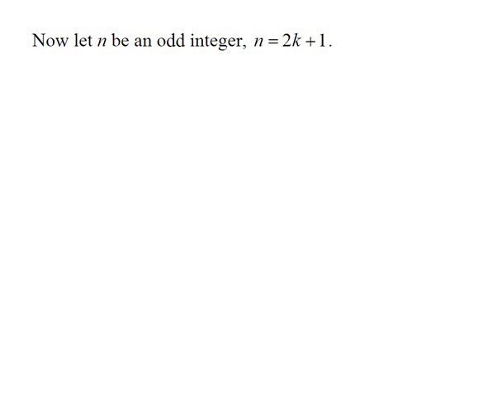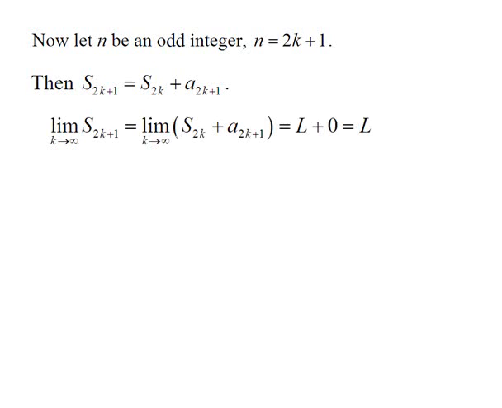Suppose now instead that n is an odd subscript. Then it can be expressed as 2k plus 1. Then the partial sum s sub 2k plus 1 is equal to s sub 2k plus the 2k plus first term. The limit of this partial sum as k approaches infinity is equal to the limit of s sub 2k plus the limit of a sub 2k plus 1.